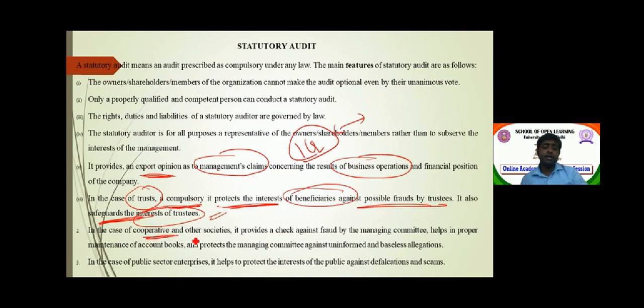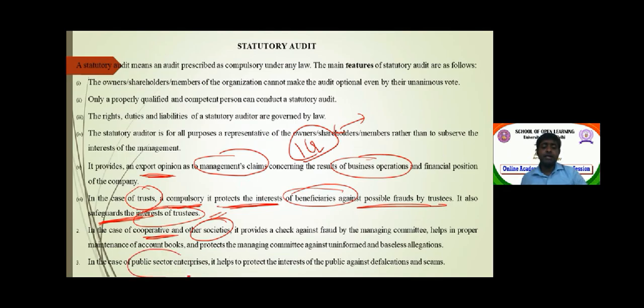Now, in the case of cooperative societies, or in those sorts of organizations where there is a financial aspect and financial statements are being prepared for the purpose of estimating profit or loss at the end of a certain time period, this statutory audit is conducted as well.